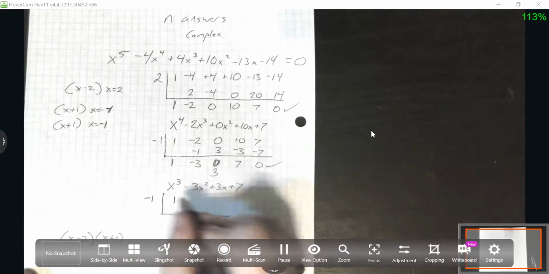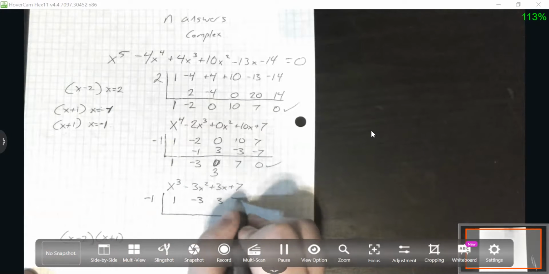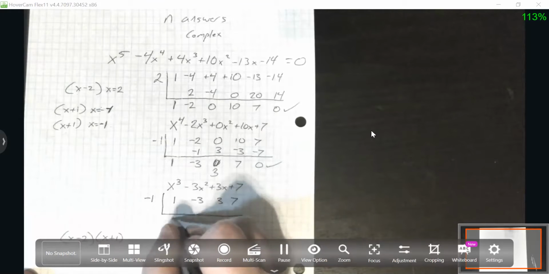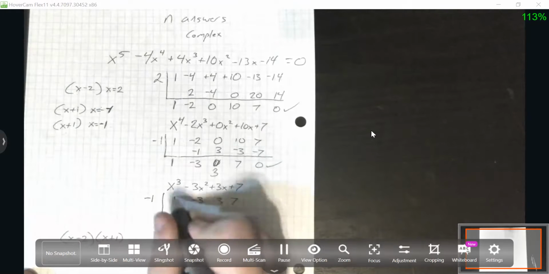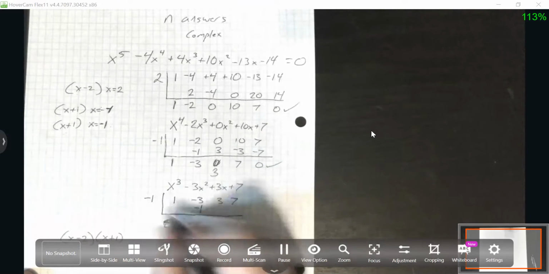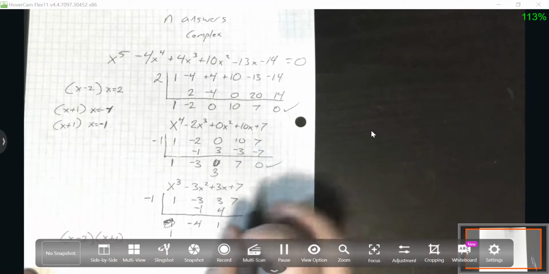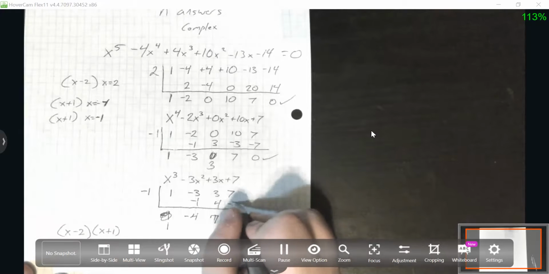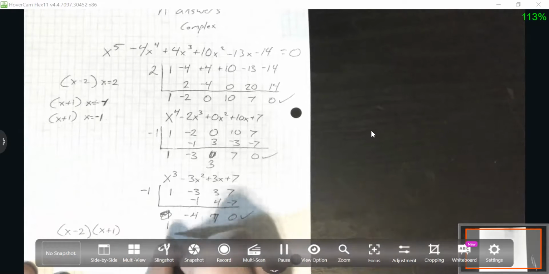So that's negative 1, that's 1, negative 3, 3, and 7. 1 times negative 1 is negative 1. Drop down the 1. 1 times negative 1 is negative 1. Negative 4. 4, 1, wait, 7. You can tell I'm tired, I'm starting to add wrong. Negative 1 times 7 is negative 7. 0, it worked. Now we're all the way down to x squared minus 4x plus 7.